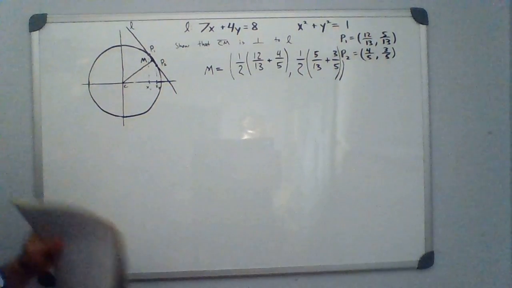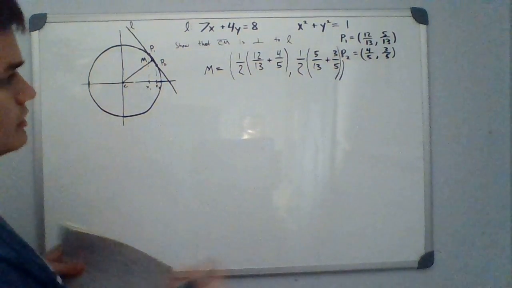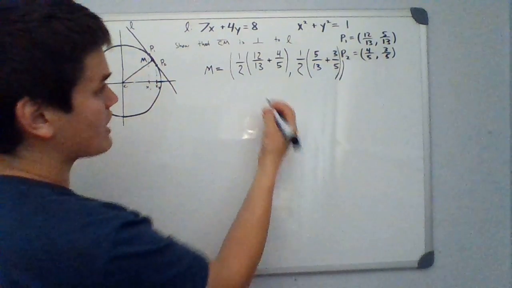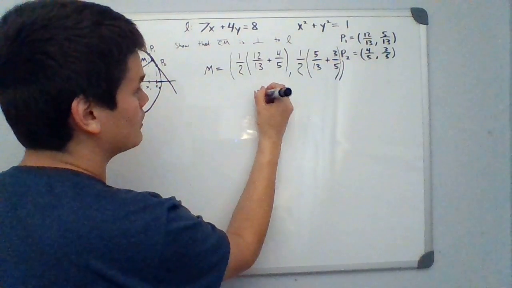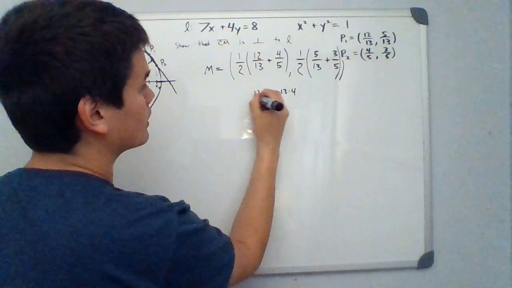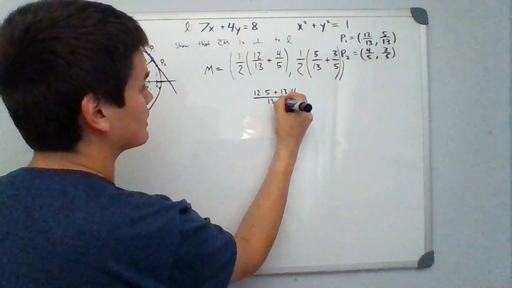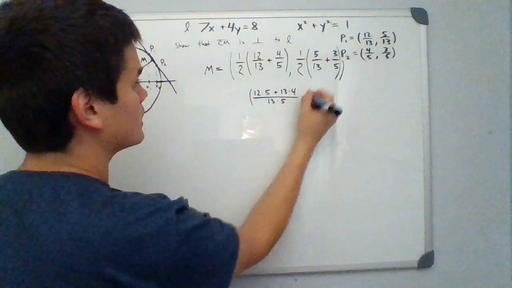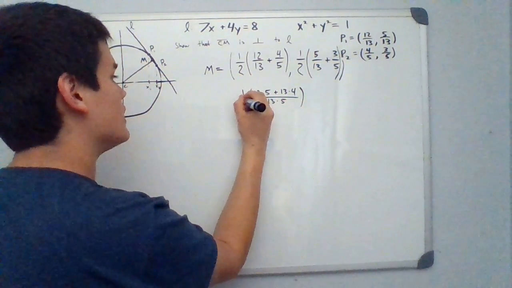I can't finish the whole thing. So this is just combining the fractions. We're going to have (12 times 5 plus 13 times 4) divided by (13 times 5), multiplied by 1/2.